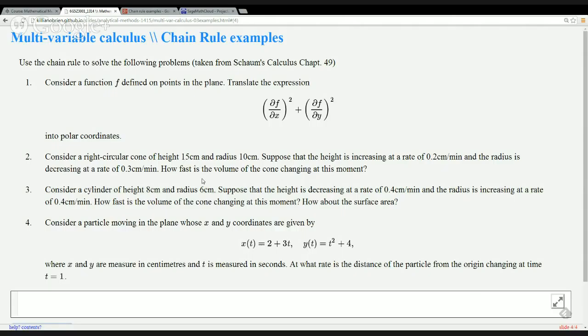Okay, so r is the radial distance to a point P. Theta is the angle between the projection of r to the xy plane, so that's this dotted line here, and the x-axis.